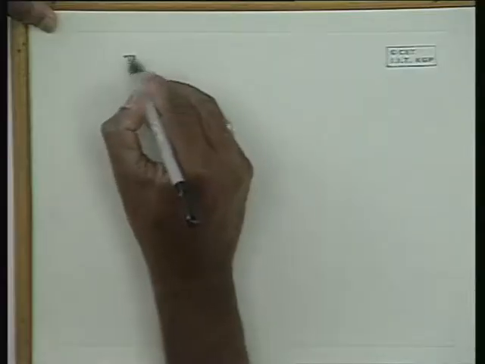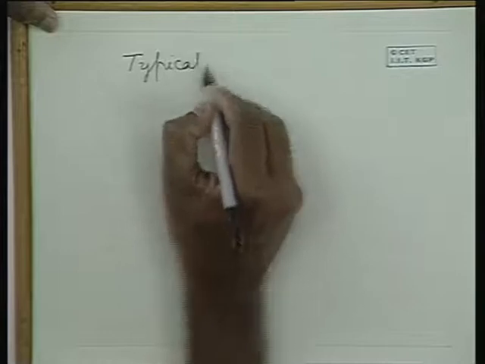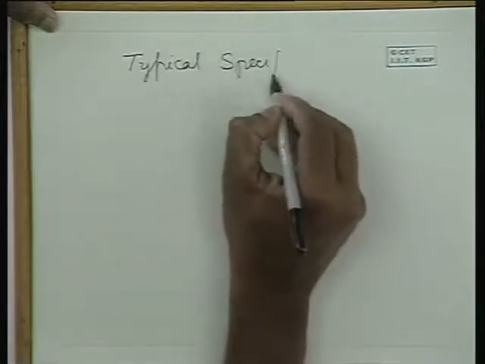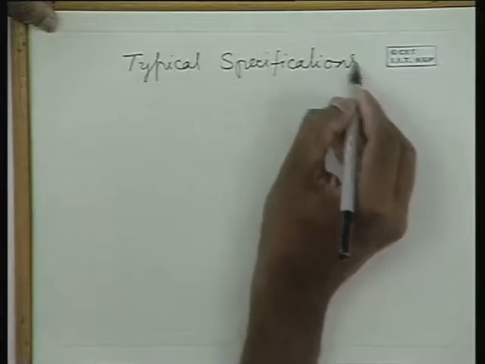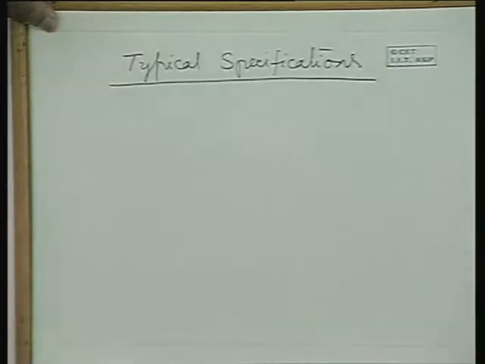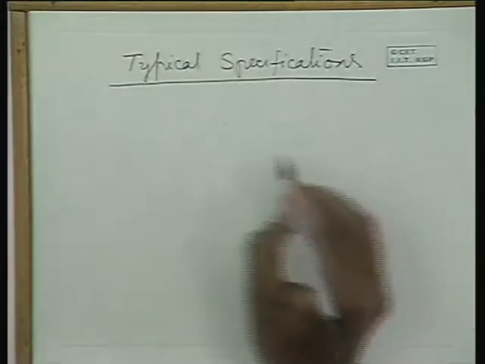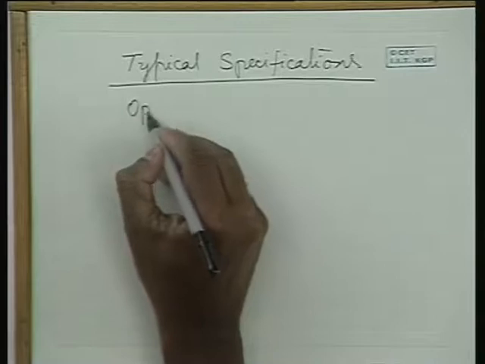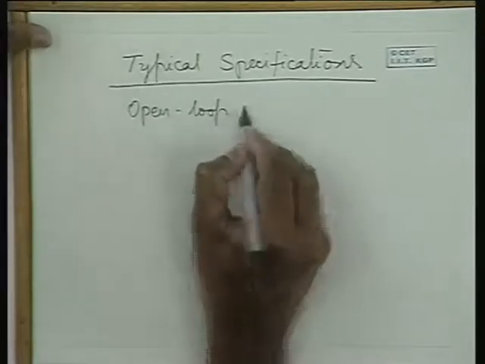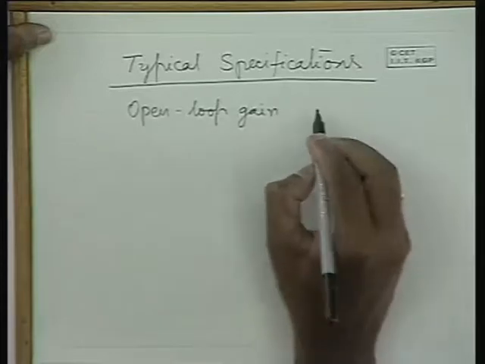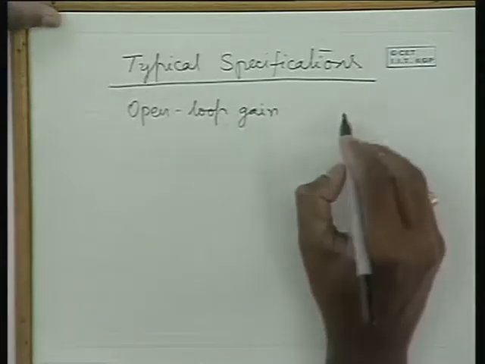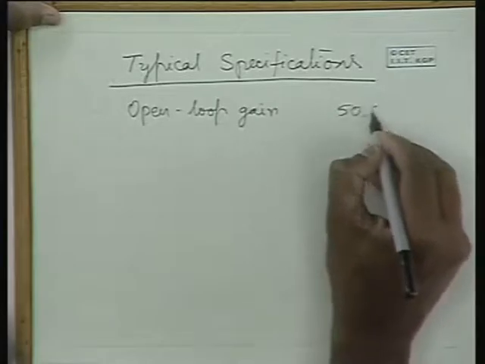Now let us discuss some important specifications of an operational amplifier, or typical specifications. As I mentioned earlier, the specifications include the differential gain or open loop gain, means without feedback, which is typically 50,000.